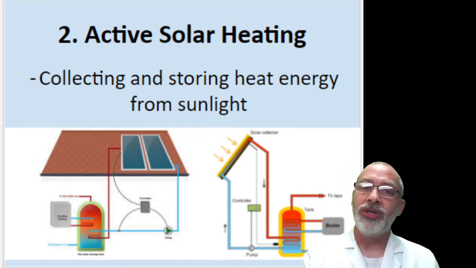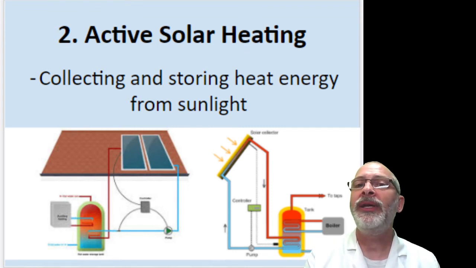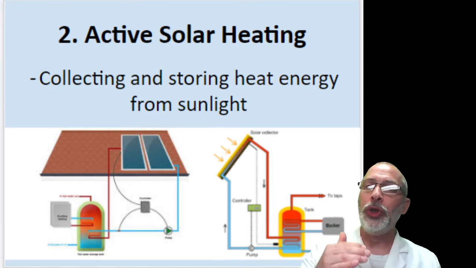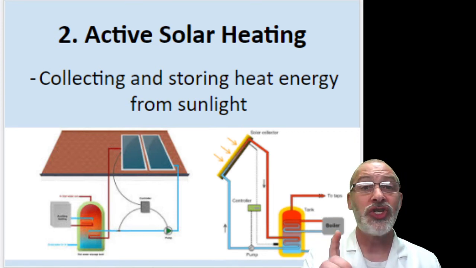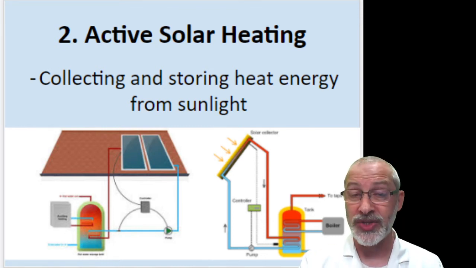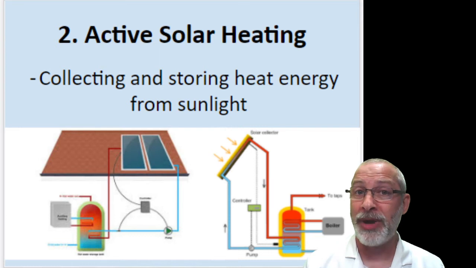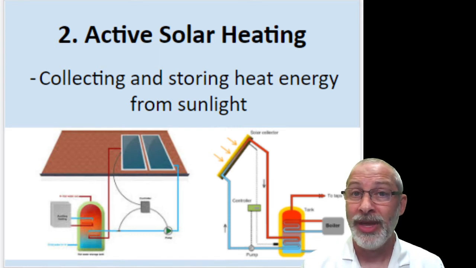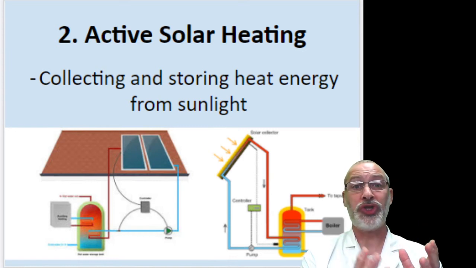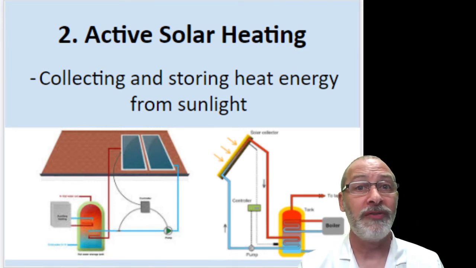Why? Because that brick or that stone has been absorbing heat energy through the day, and it loses the heat energy slower than the air in the atmosphere loses the heat energy. So even though the air temperature might go down, the temperature of that brick or stone might stay warmer for a longer period of time.